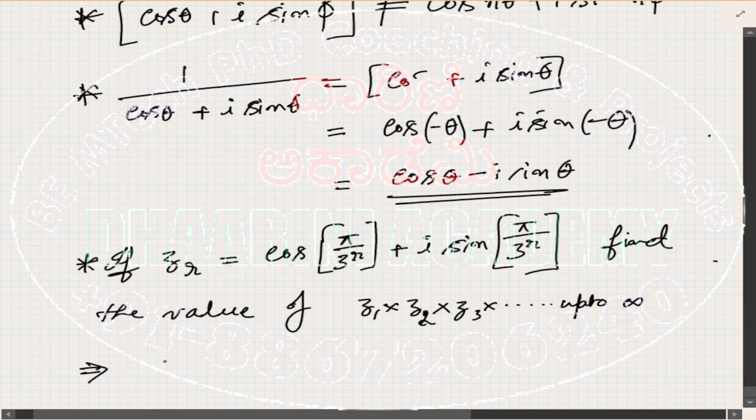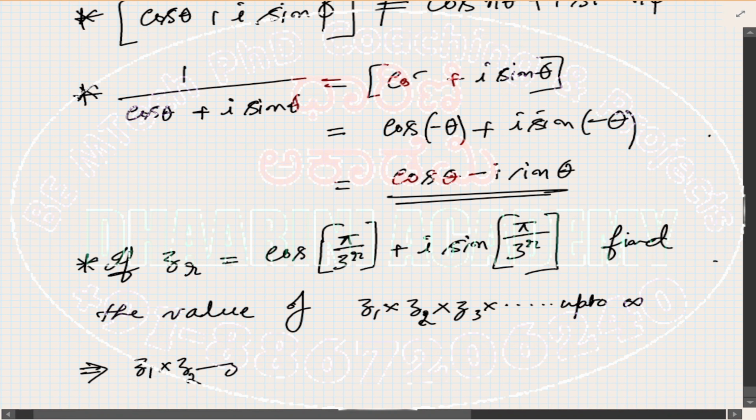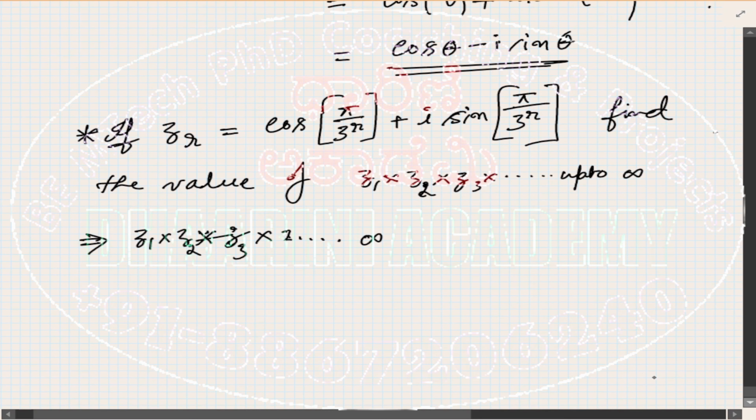The required term is z1 into z2 into z3 up to infinite terms.